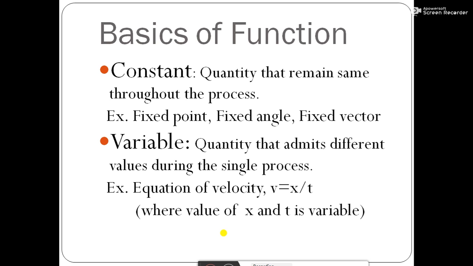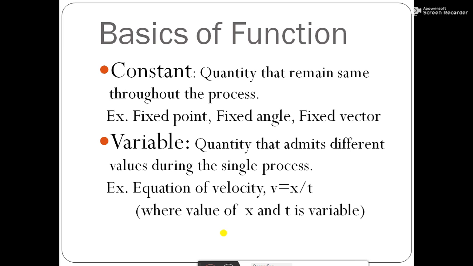It means whatever process you are doing, throughout that process your quantity will remain the same, like a fixed point, fixed angle, fixed vector. Whereas what is variable? Variable is a quantity that admits different values during a single process.